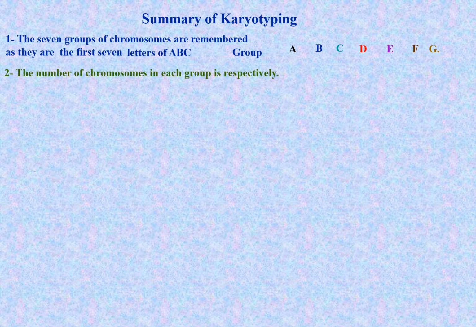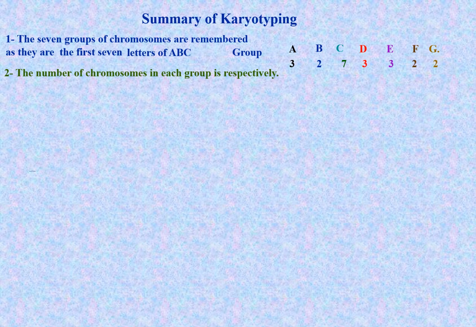Summary of karyotyping. The 7 groups of chromosomes are easily remembered as they are the first 7 letters of the alphabet: Group A, Group B, Group C, Group D, Group E, Group F, and Group G. The number of pairs in each group is respectively 3, 2, 7, 3, 3, 2, 2.